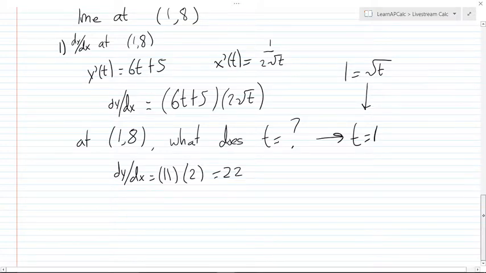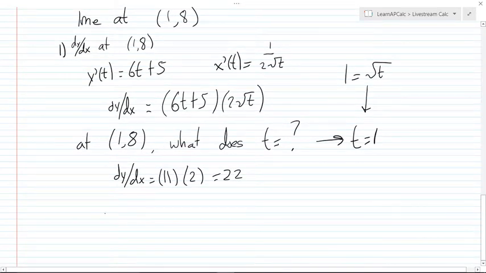And so now I just need to write my equation for the tangent line. Okay, and this is our equation. Now, I sort of blew through that, so you might be wondering, how did I get this?